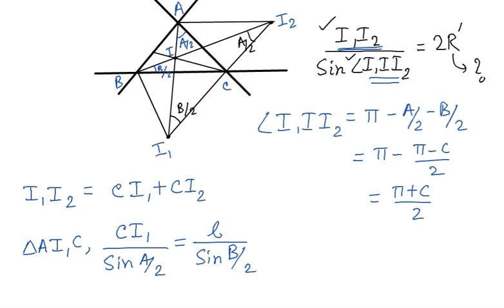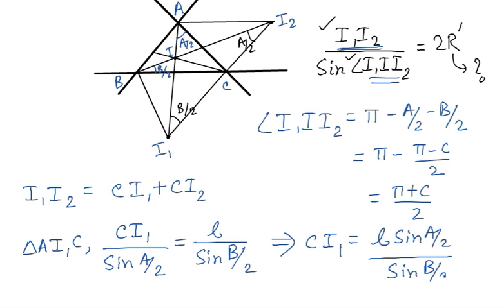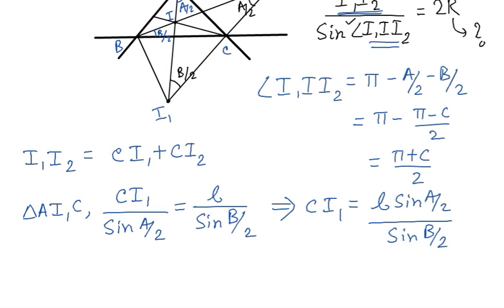In triangle AI1C, CI1 divided by the sine of the opposite angle, that is A by 2, is equal to AC, which is nothing but small b, divided by sine of the opposite angle, that is B by 2. So from here we have got the value of CI1 to be equal to B into sine A by 2 divided by sine B by 2. This is the value of CI1.